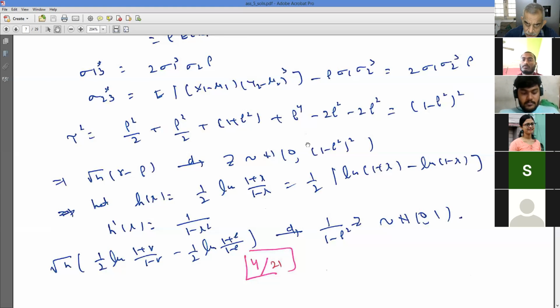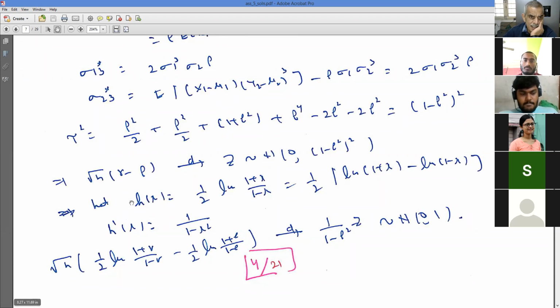So you would like an approximation which does not depend on rho. So I should try to get a transformation on r so that this does not depend on rho. So I consider h(x) to be half times log of (1 plus x) upon (1 minus x), and then I apply the delta method on h.